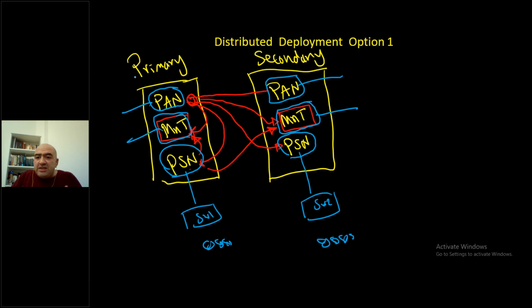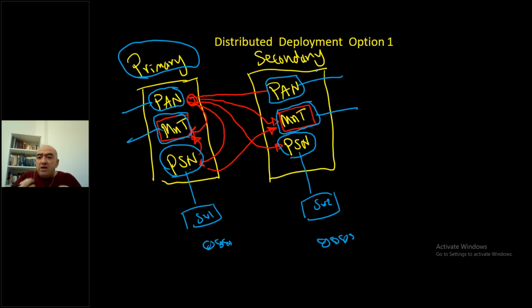The secondary is acting like an active standby failover. So this is our standby node. So the PAN, the administration persona, and the MNT, the monitoring persona, in the secondary node are standby. They don't do anything.